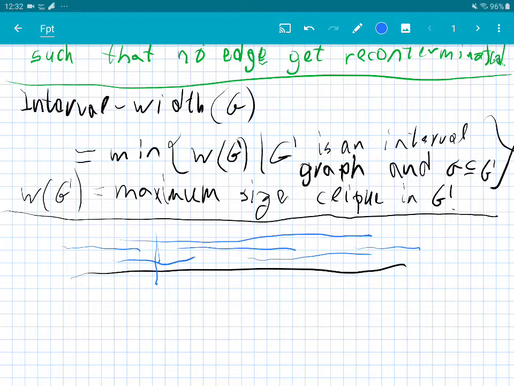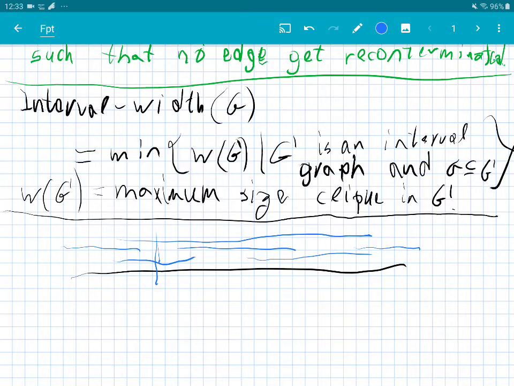Of course this makes the definition of interval width well defined, because you can take all the vertices to be intervals that contain the same value of x, like 0, so you can get the full clique which contains all graphs. So this is well defined, and in fact for an interval graph it's not hard to prove that the largest size clique corresponds to the deepest point in the set of intervals. So the two definitions are equivalent, and essentially what the interval width of a graph says is that this is the minimum depth of the interval graph that contains the original graph.